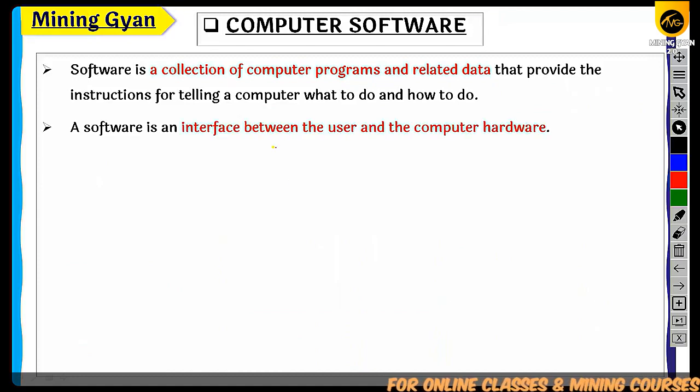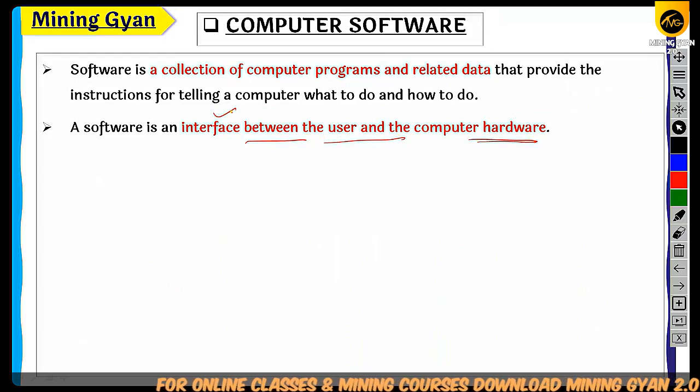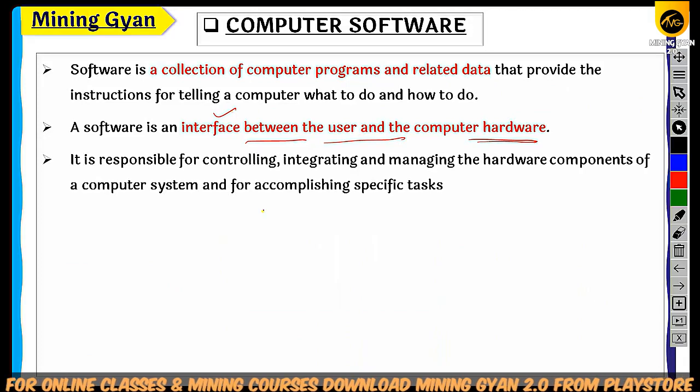Software is an interface between the user and the computer hardware. So basically this is the interface between any kind of user and the computer hardware. It is responsible for controlling, integrating, and managing the hardware component of a computer system and for accomplishing a specific task. The software can be divided into three different parts, based on their requirement.